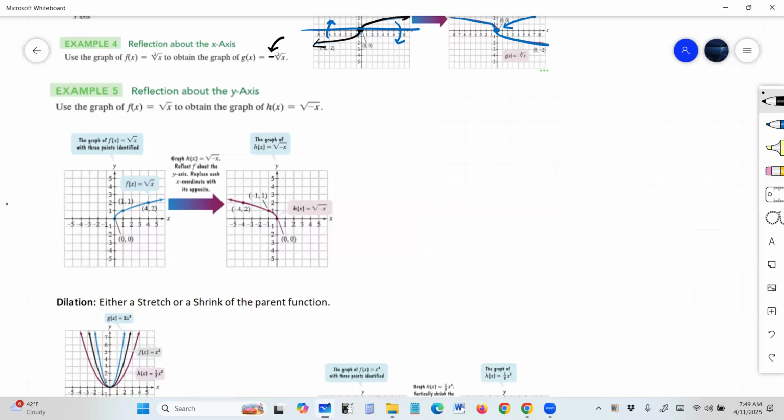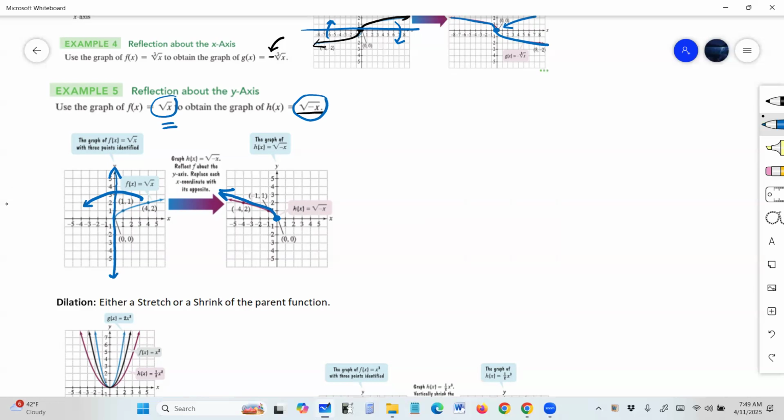A reflection on the y-axis is obviously the same as before, but now your mirror is on the y-axis. So here's your mirror. So this piece gets reflected over here. Okay, so we would graph the standard function square root of x, and then we would reflect it on the y. The centerpiece remains the same.